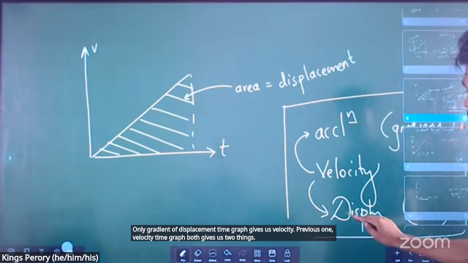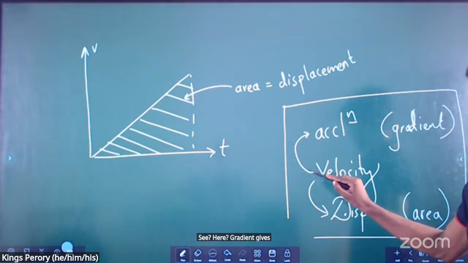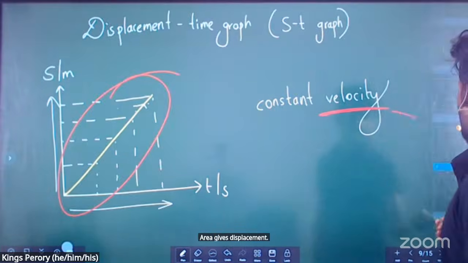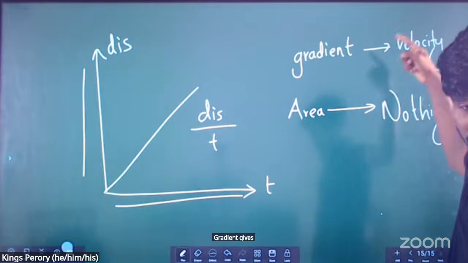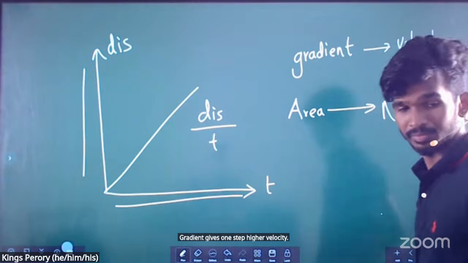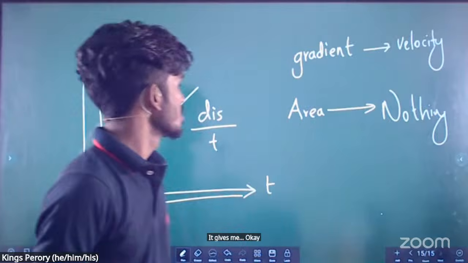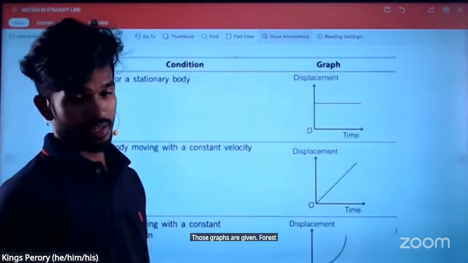See, here, gradient gives acceleration, area gives displacement. Here, gradient gives one step higher, velocity, and area one step lower, nothing. It gives nothing. Those graphs are given for a stationary body, object at rest.